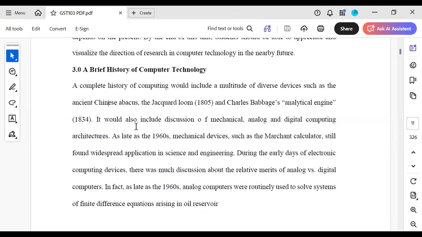It will also include discussion of mechanical, analog, and digital computing architectures.